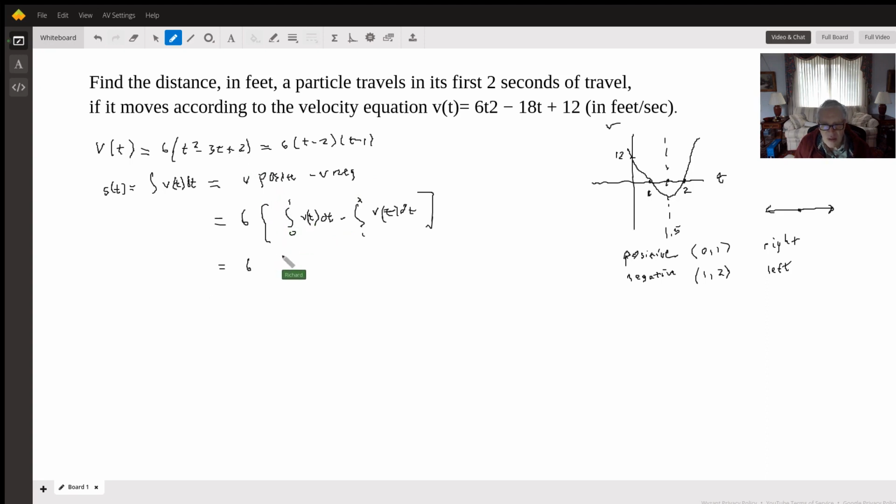So this is going to be t cubed over 3 minus 3 halves t squared plus 2t, going from 0 to 1, minus, put a big 6 in front here, the same thing, the same antiderivative, so put a bracket here, t cubed over 3 minus 3 halves t squared plus 2t, going from 1 to 2.